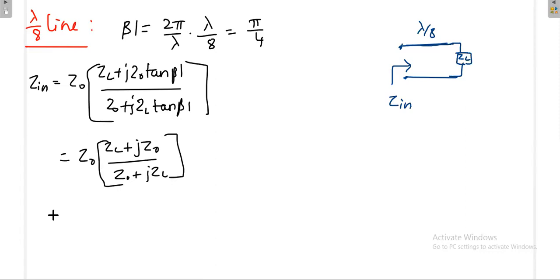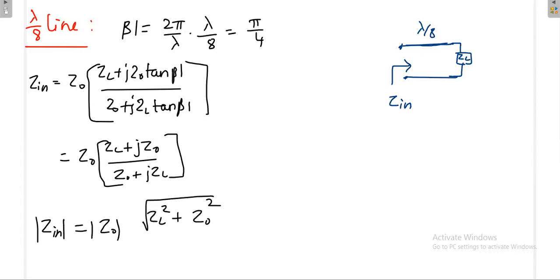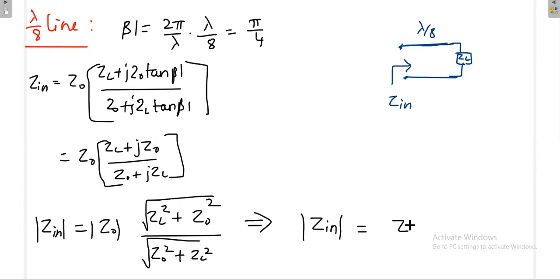Now you can take the modulus on both sides. After taking the modulus, the numerator and denominator look the same, so finally we can write mod Zin is equal to mod Z0.